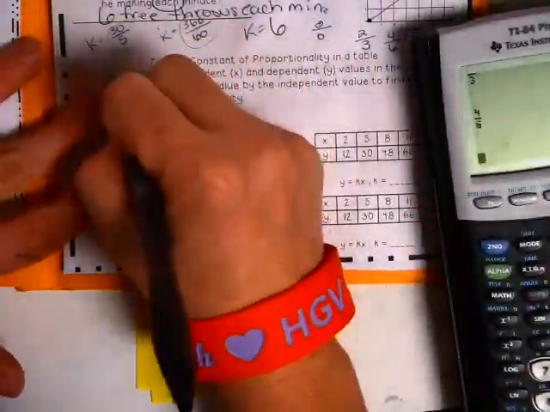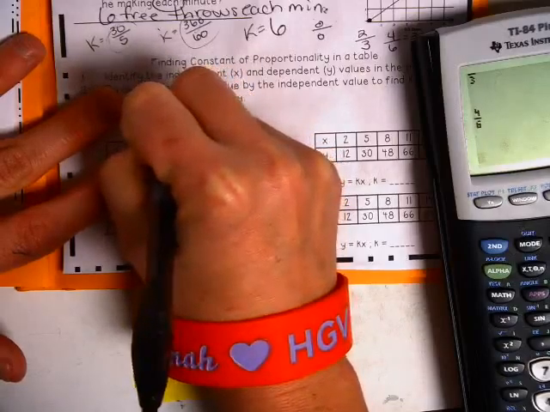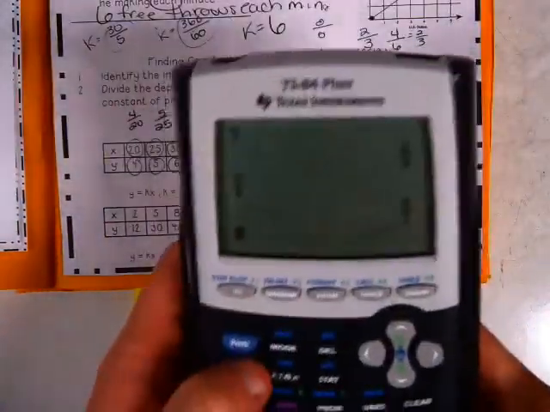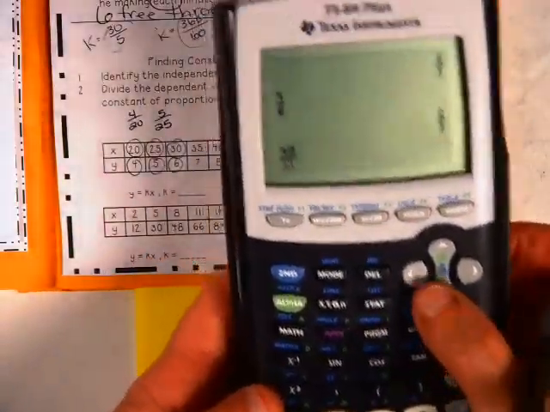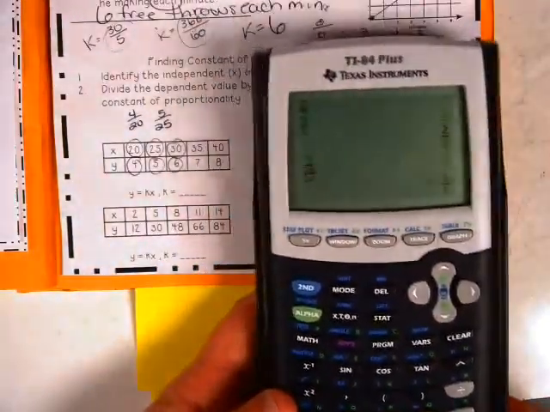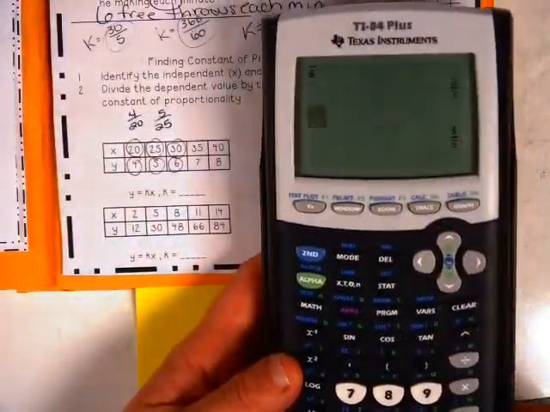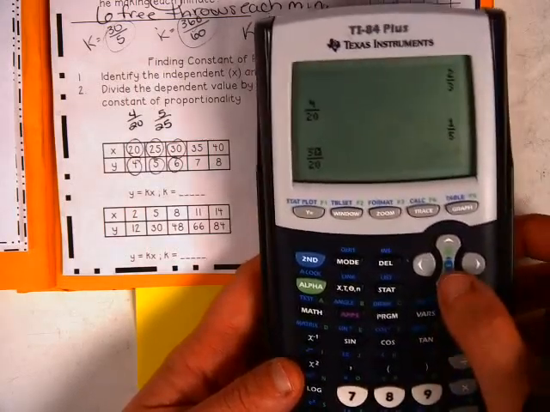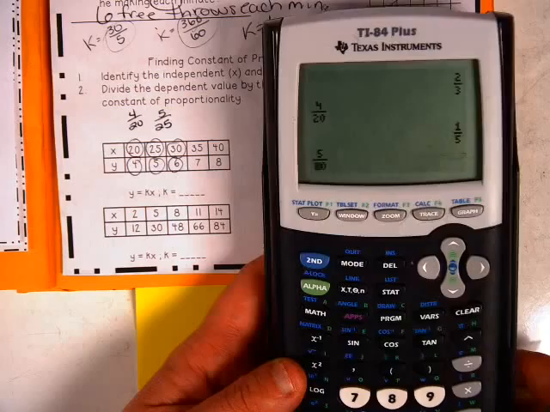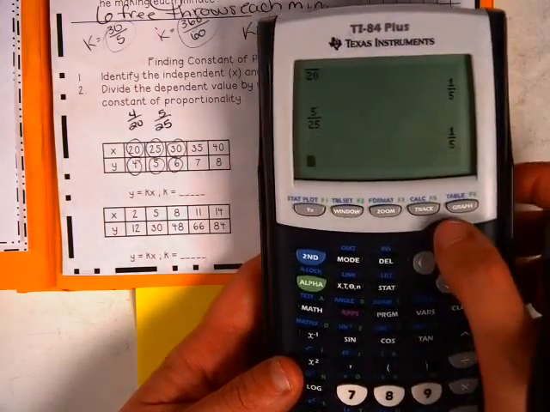In this case you would do 4 over 20, 5 over 25. 4 over 20, you get 1/5. Now let's check 5 over 25, 1/5.